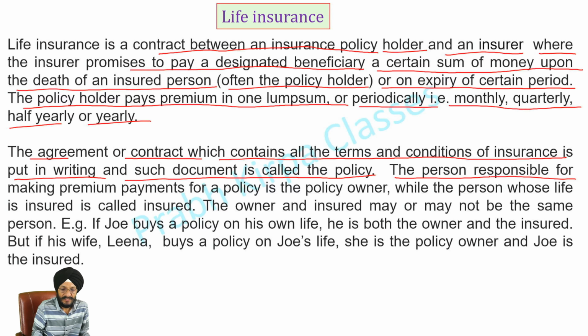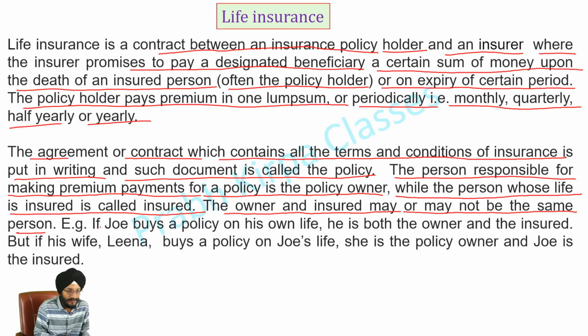The person responsible for making premium payments for a policy is the policy owner, while the person whose life is insured is called insured. The owner and insured may or may not be the same person. For example, if Joy buys a policy on his own name, he is both the owner and the insured.